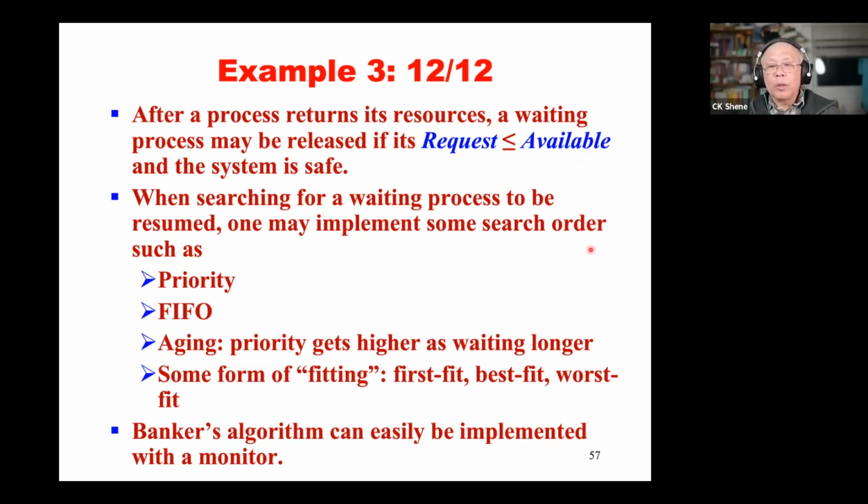In this case, we try to give as much as possible to the process. The worst fit, on the other hand, is the opposite of the best fit. We try to keep as much resource as possible in hand. Again, the example, suppose available is 3, 3, 3. Process A's request would be 1, 1, 1. Process B's request would be 2, 2, 2. So in the worst fit, we give it to process A, because the difference between A's request 1, 1, 1 and the available 3, 3, 3 is the largest.